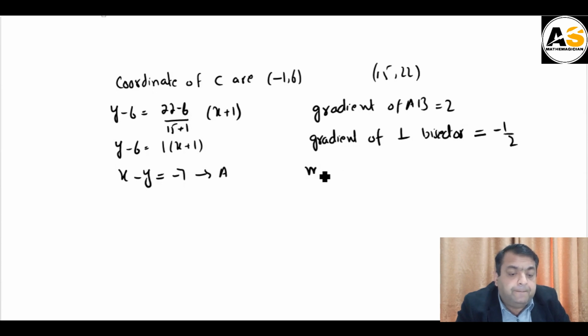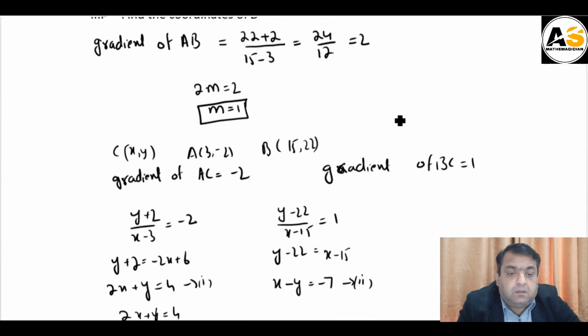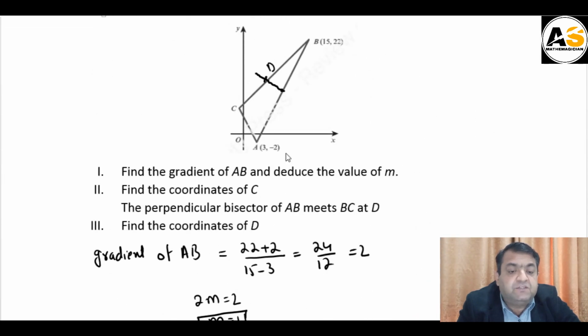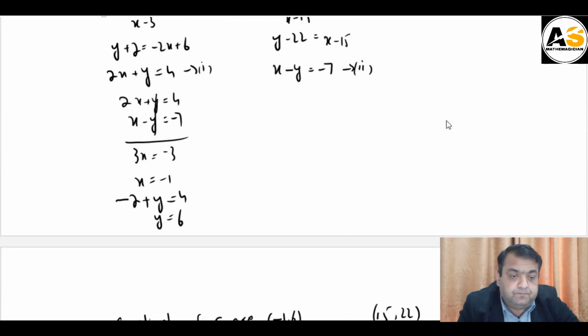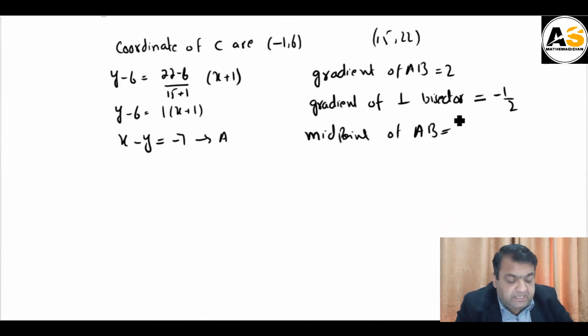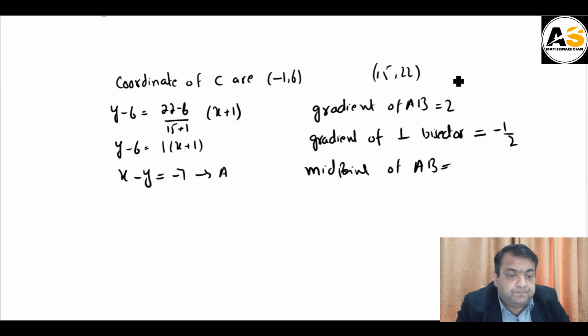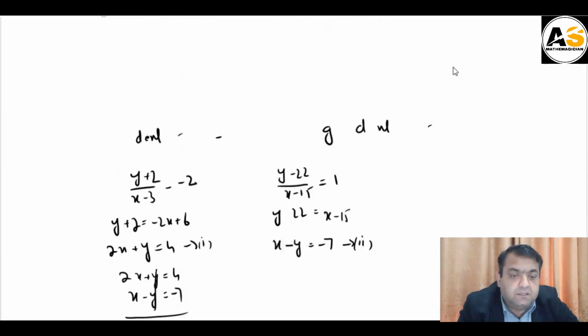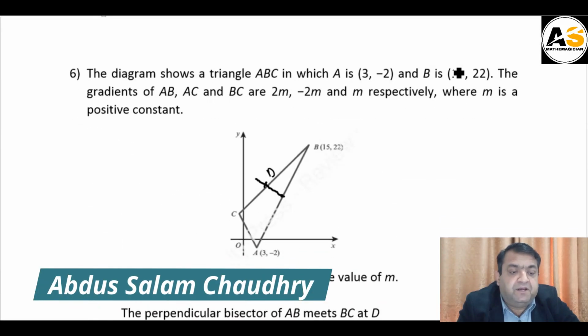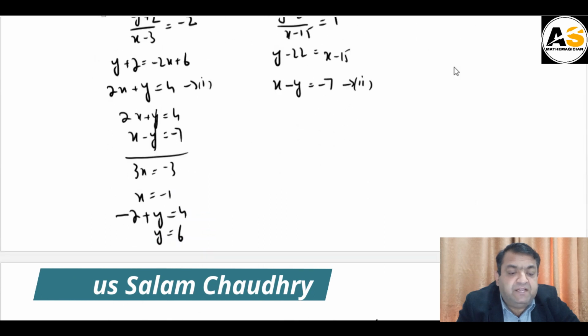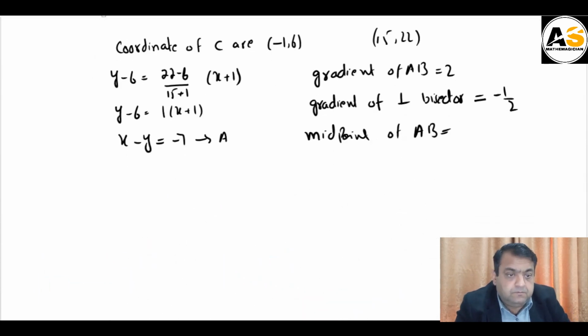Midpoint of AB. A is (3, -2) and B is (15, 22).